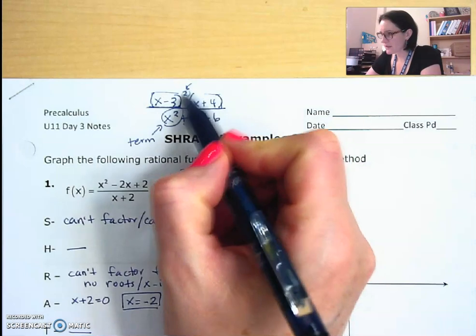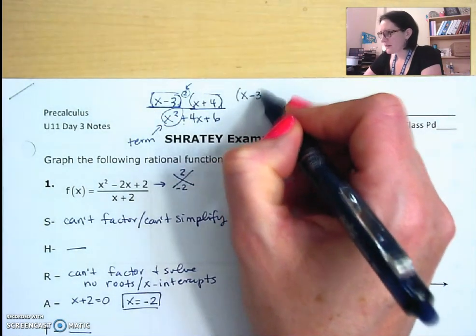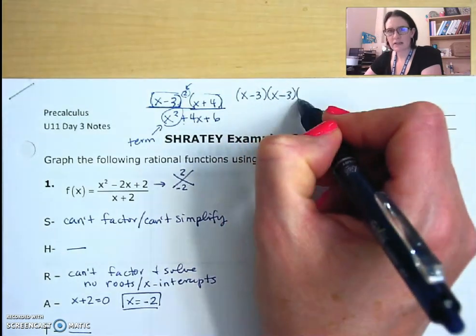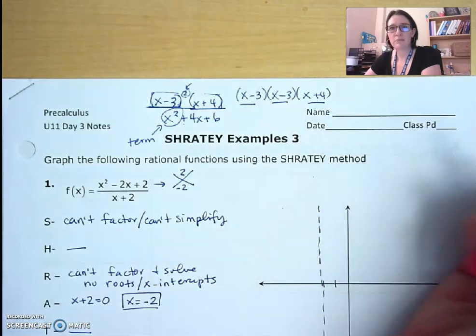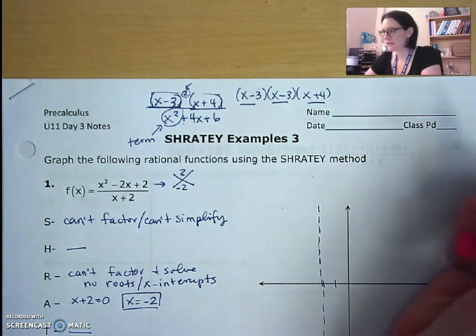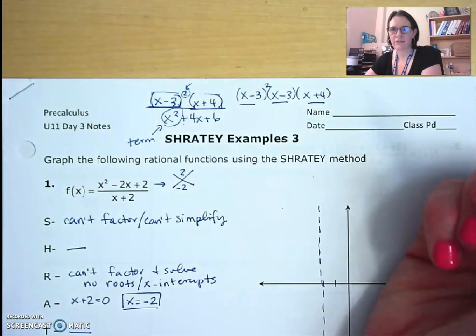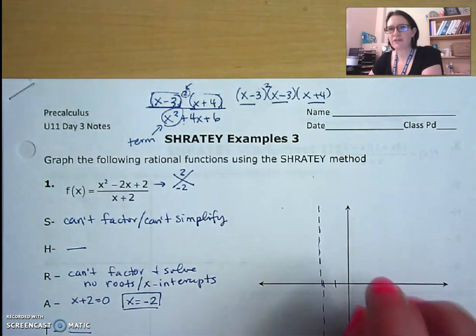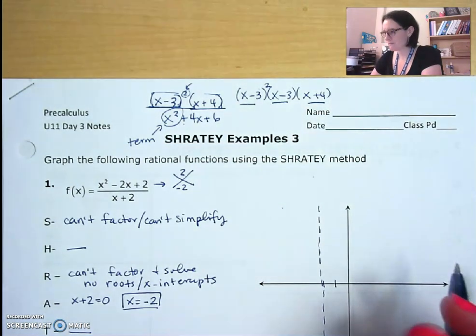But this kind of squared does, because it's x minus 3 times x minus 3 times x plus 4. Each of these groups are factors because they are being multiplied by the other groups. And if one of those is squared, then that does determine behavior. So we're only looking for squared factors in the numerator or denominator, not squared terms.